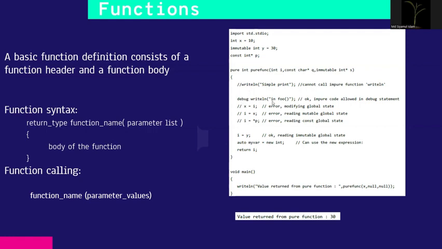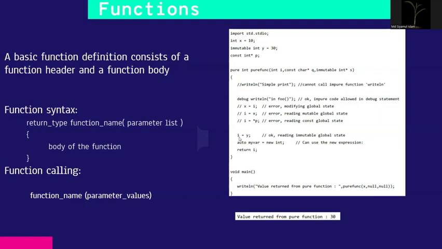But this will work because impure code is allowed in a debug statement. Here there is a keyword debug, that's why it will work. At the same time, these are the global state, and i is equal to x, that's a mutable state, and this is a constant global state. That's why this will not work in this function, but it will work for the immutable global state.